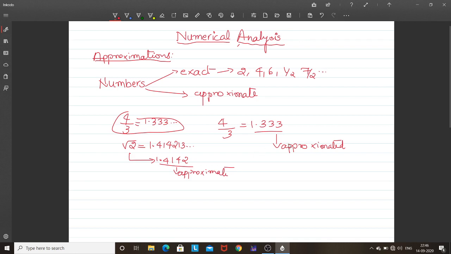Similarly, we have pi. The approximate value of pi is 3.1, and we use this approximate value of pi. The actual value is 3.141592 and so on, which continues further. So these are the approximate numbers.